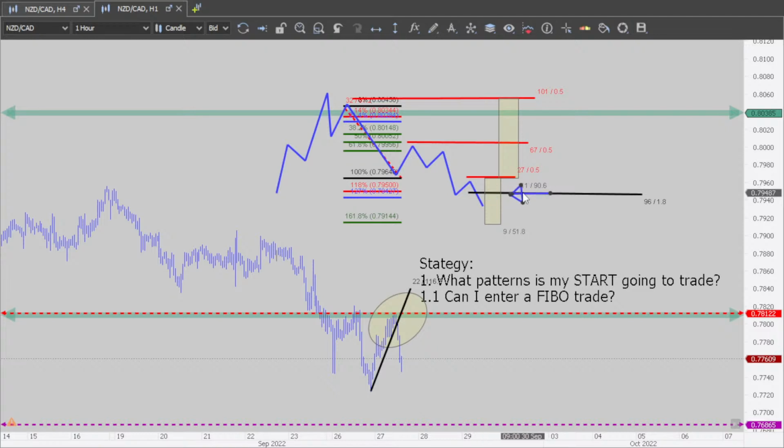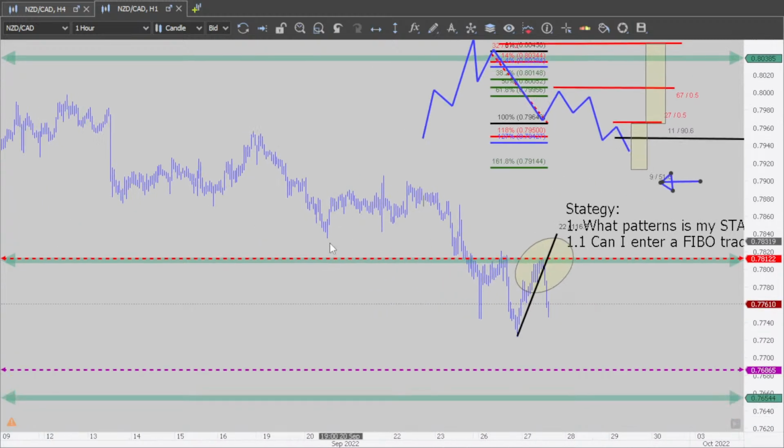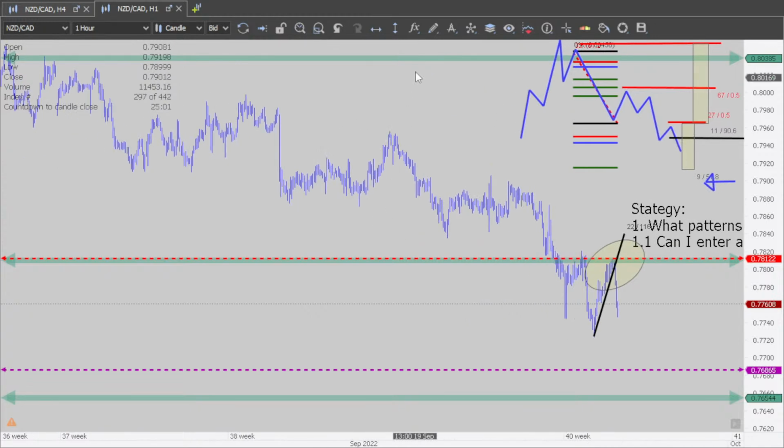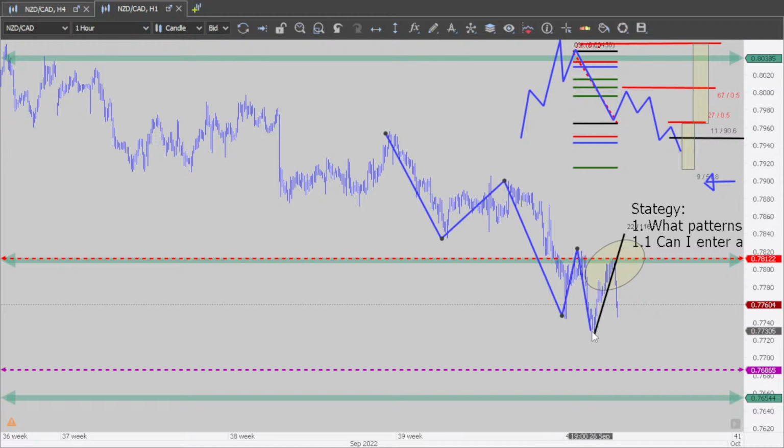Risk-reward ratio wise, we can enter the short-term trend, right? Short-term trend, market making lower lows, lower highs, lower lows, lower highs, lower lows.